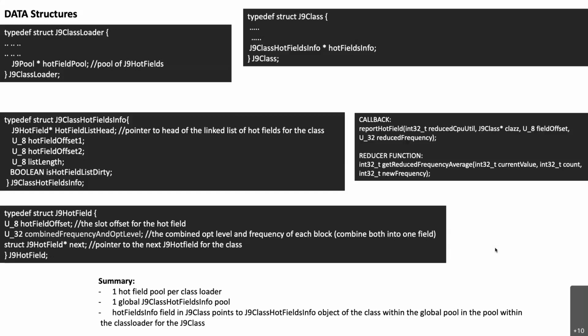Okay. Is the hotness information preserved in the shared classes cache, so that we can use it on the next invocation?